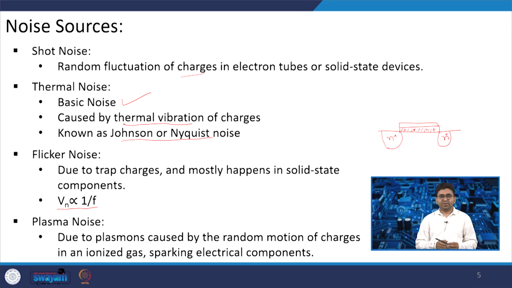Another noise is plasma noise. Due to plasmons, it is caused by the random motion of charges in ionized gas or in sparking electrical components. So, this is mostly related to the plasmons, where there is a behavior like a plasma, then this noise occurs. As far as electronic systems are concerned, this noise is not studied that much.